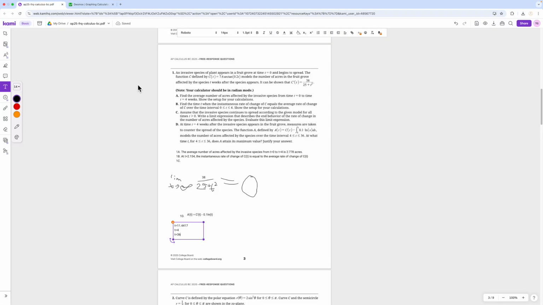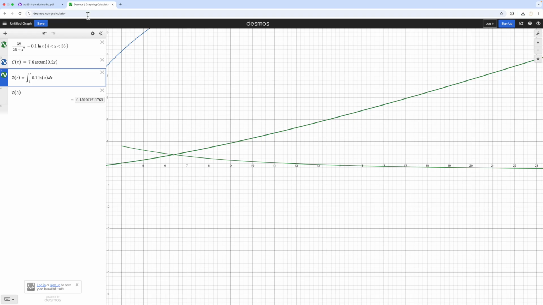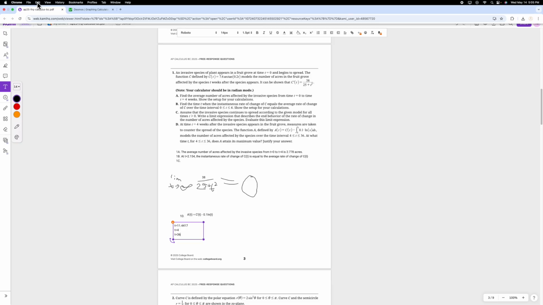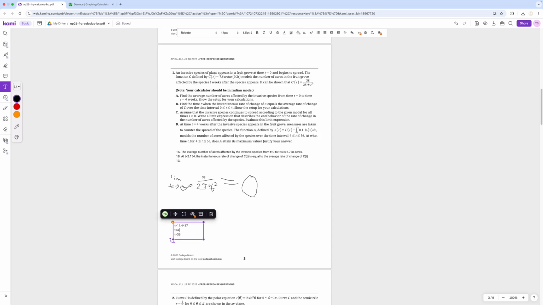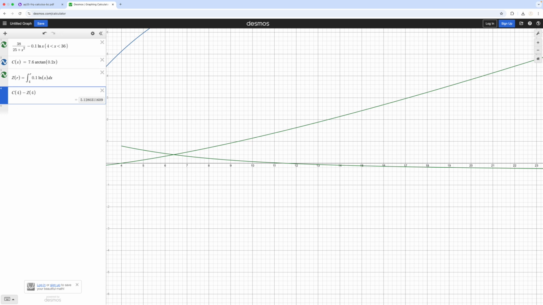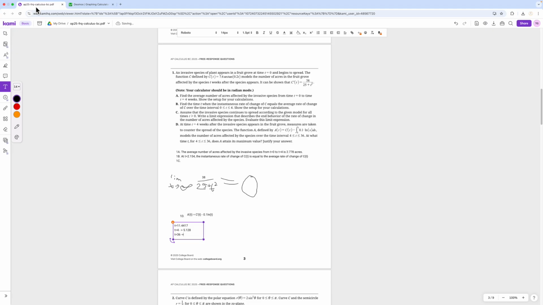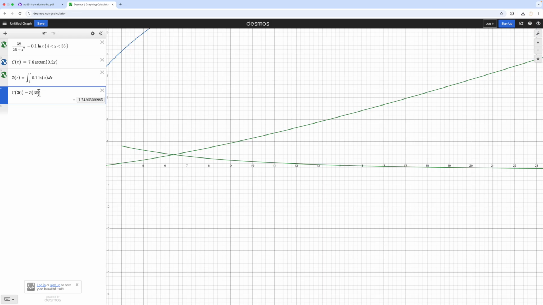So now how do we actually do this? Let's test out all of our values. First we're going to be testing at time equals 4. If we did C of 4 minus z of 4, we get 5.128. Then at time equals 36, C of 36 minus z of 36 gives us 1.74. Then let's test out 11.4417.